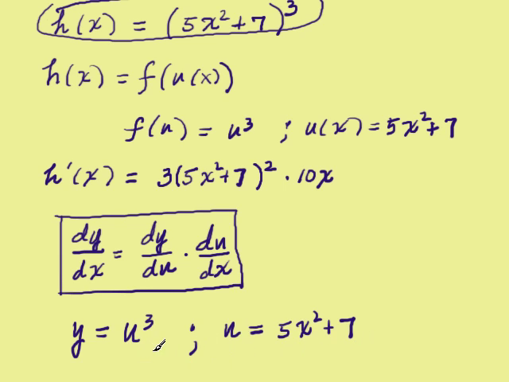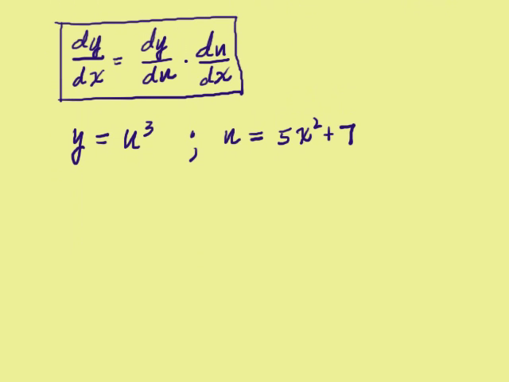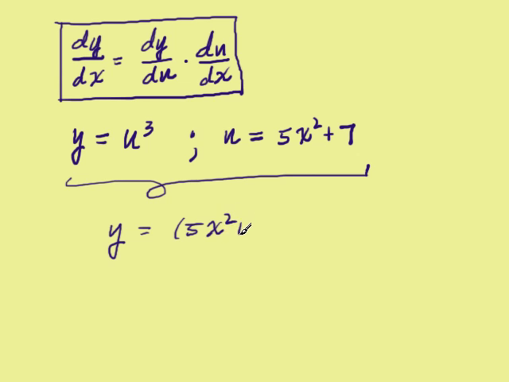So if we substitute for u 5x squared plus 7, we get h of x. In other words, if we put these together, we have y is equal to 5x squared plus 7, cubed, what we called h of x before.